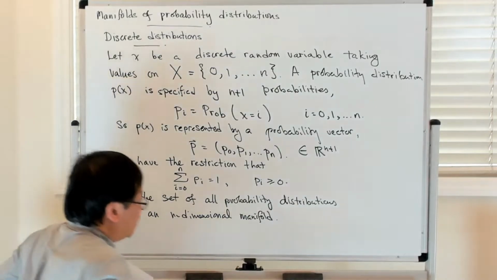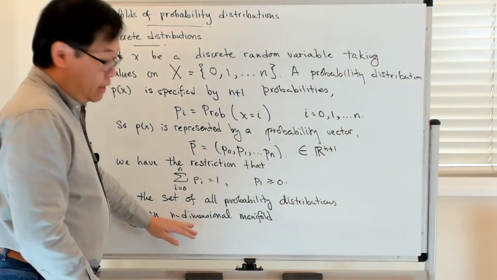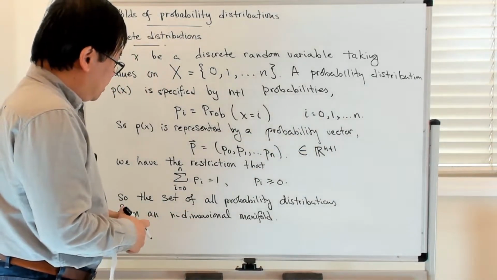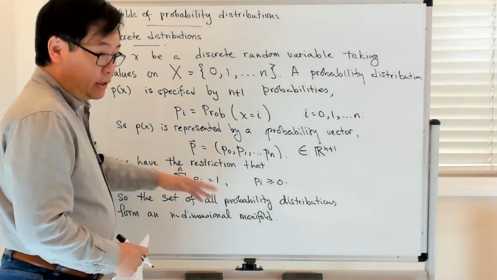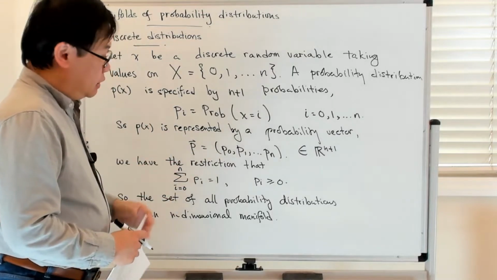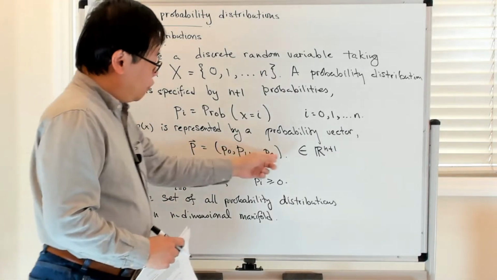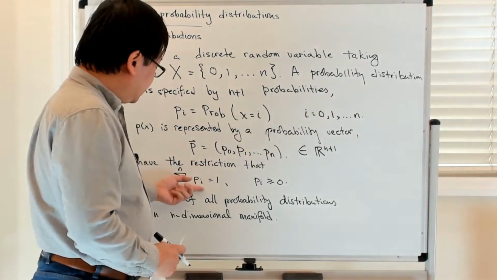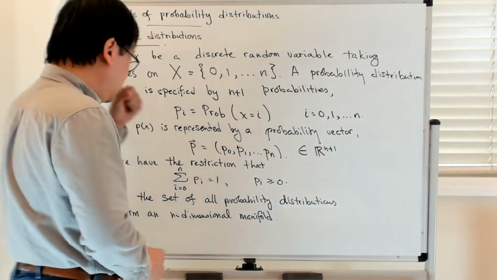Okay, and if you're not clear why it is that it's an n-dimensional manifold as opposed to an n plus 1 dimensional manifold, this constraint, the normalization condition, means that all you really need is all but one of these coordinates. So if you know, for example, P1 to Pn, then by the normalization condition, you know what P0 will be.